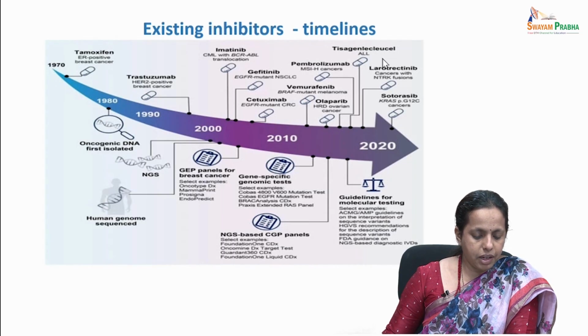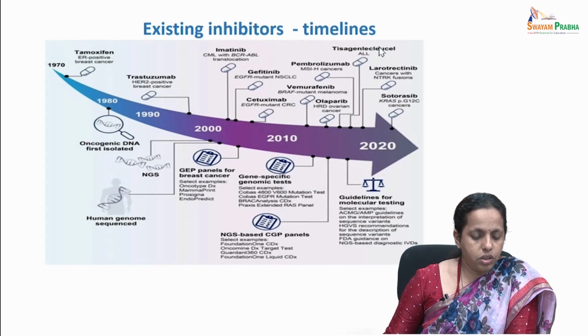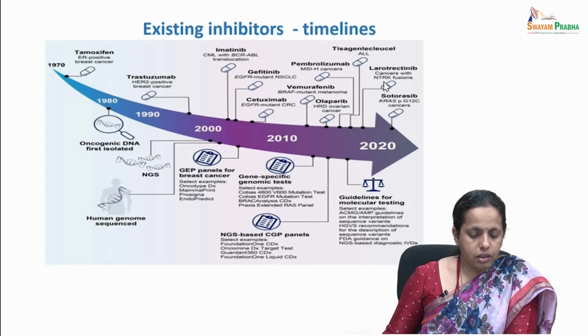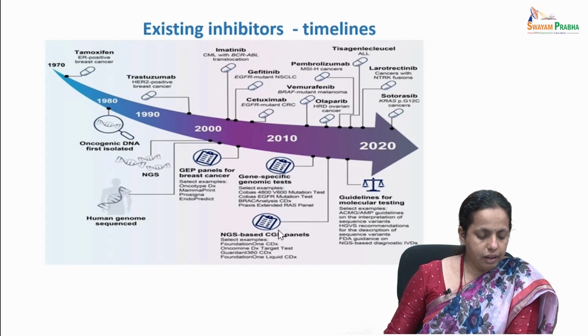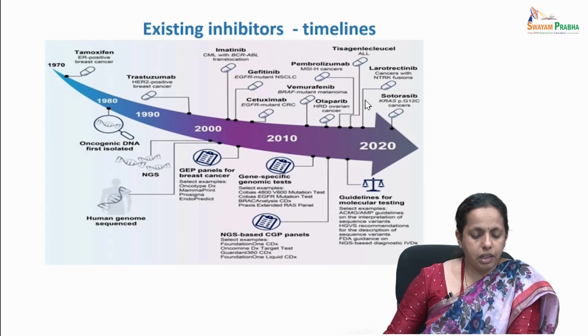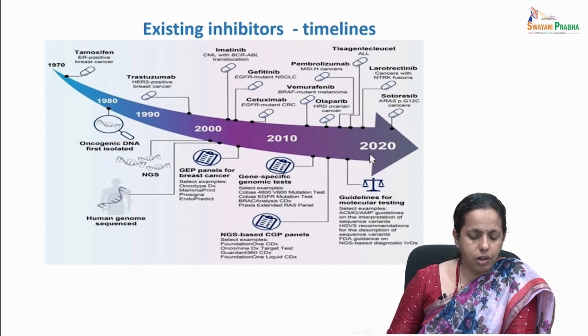You recollect we came across this during our CAR T therapy discussions. Then larotrectinib, and then sotorasib for KRAS cancers. So in 2020, again the NGS based CGP panels, where you have the different targets and then this particular drug. Well, this diagram has been able to illustrate that.